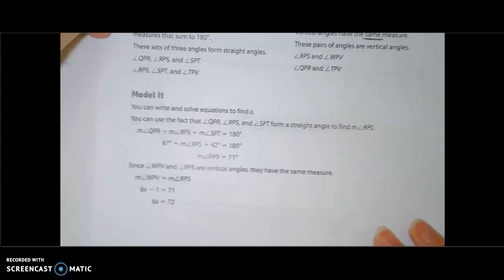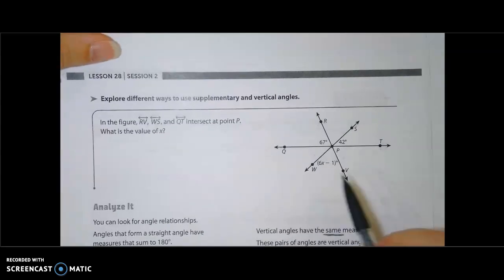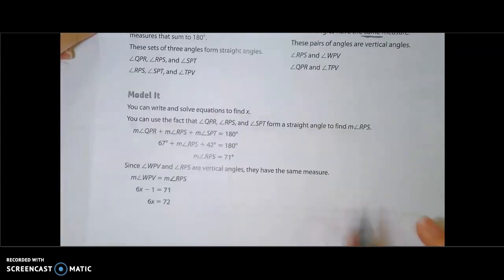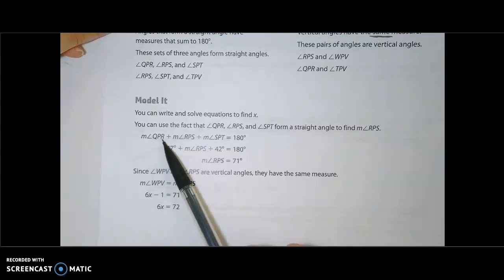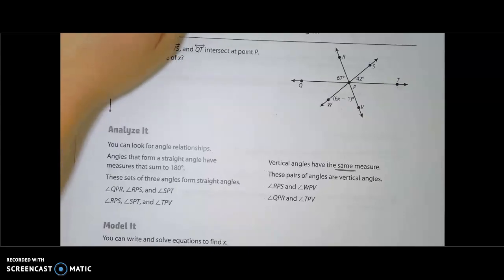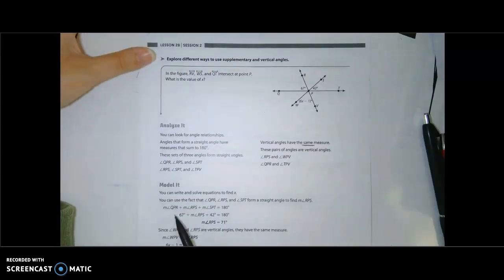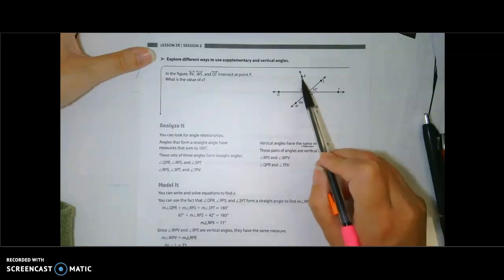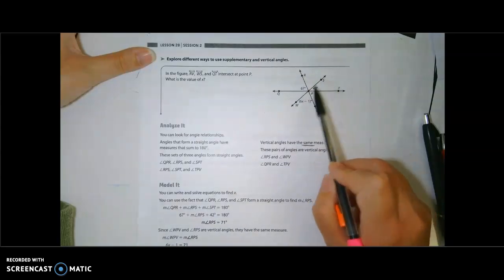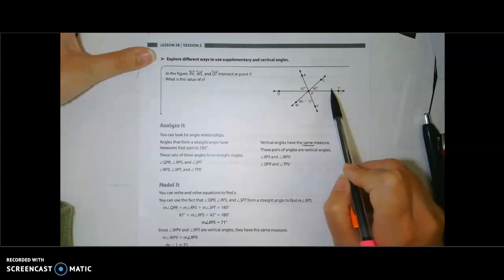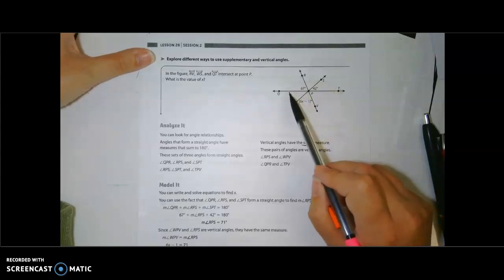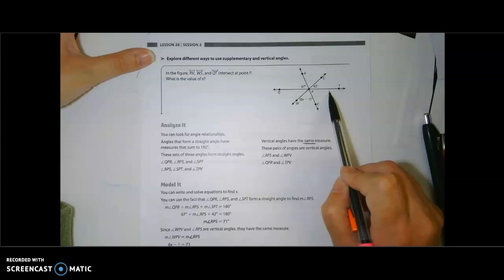But to talk about the problem where we were finding x, what they knew was angle QPR plus angle RPS. Let me zoom out so we can see all of this at once. So we knew that QPR plus RPS plus SPT were equal to 180 degrees because they create this straight line.